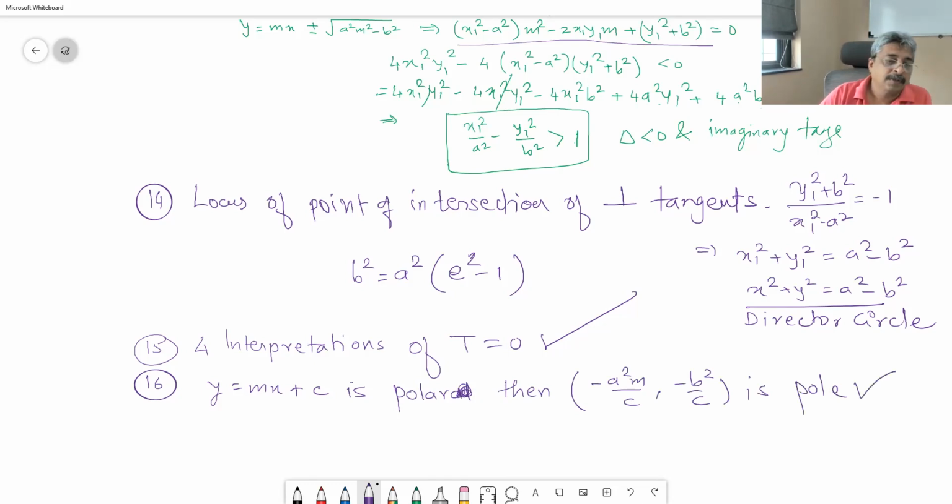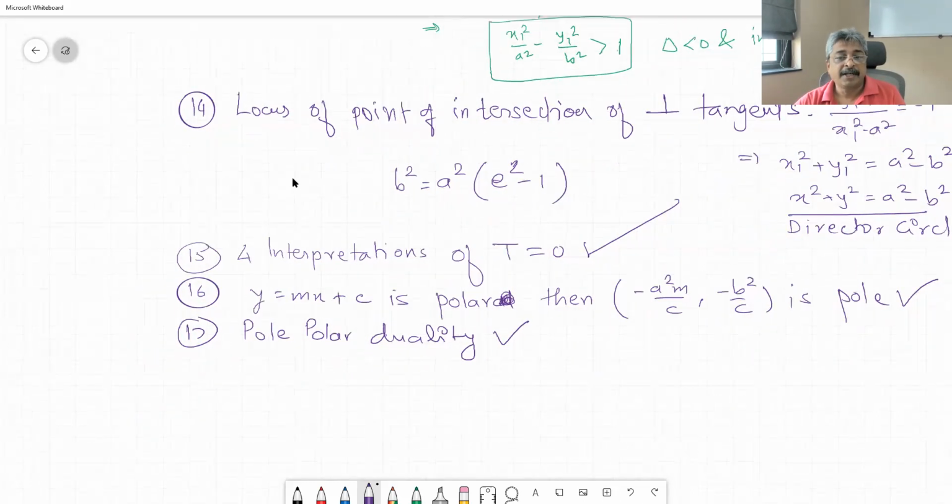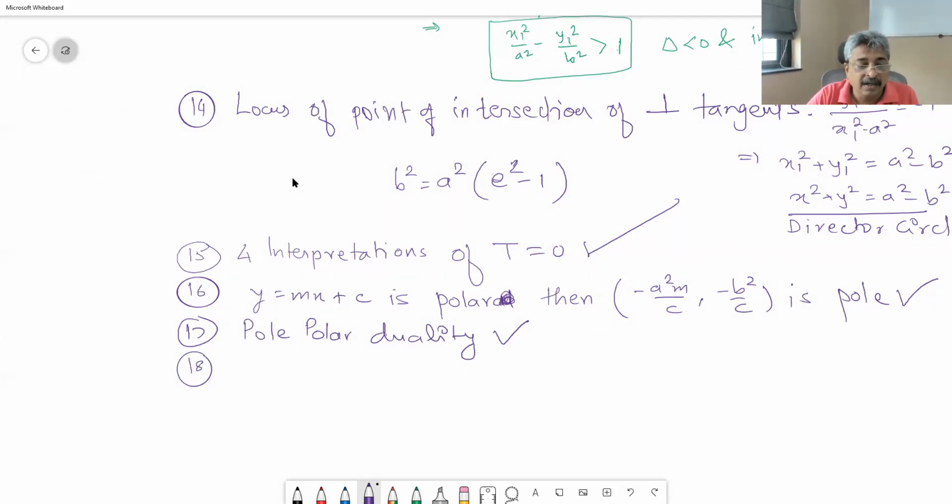Done. 17. Polar duality. Done. We have done it for the general form. 17. 18. Let me change at least the color.